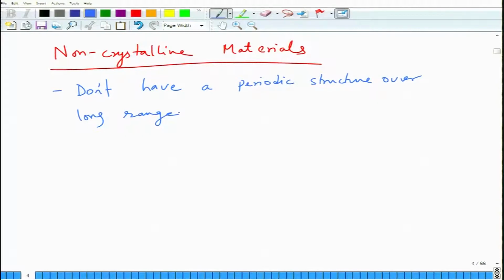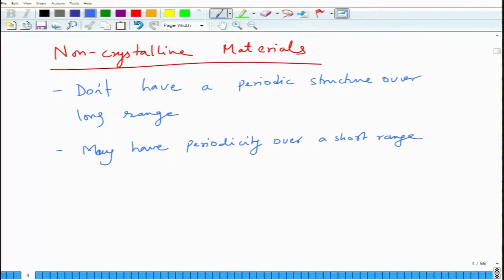They may have periodicity over short range. By short range we will mean maybe a few nanometers. There is a very fuzzy definition of short range, but typically it is of the order of a few nanometers. So they may have periodicity over short ranges, but no periodicity over long distances.